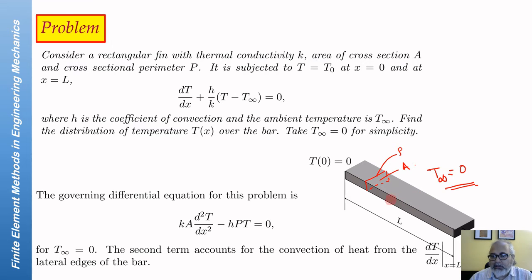The conductivity of this material is equal to K. The convective heat transfer coefficient is equal to H, and we can easily see that the governing equation for this problem is given here. We can easily derive it very quickly from steady state heat transfer considerations.